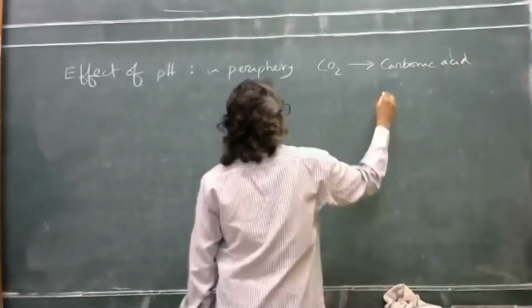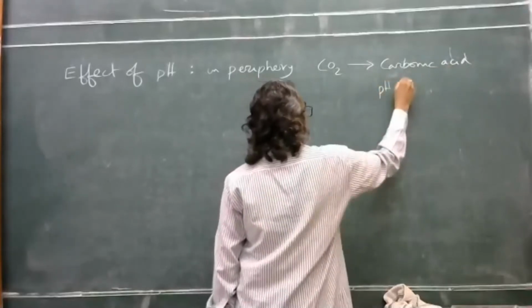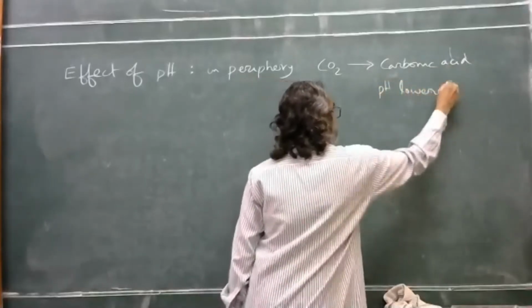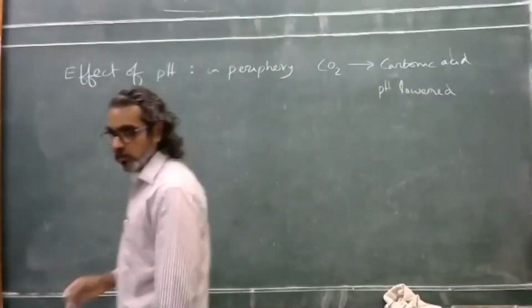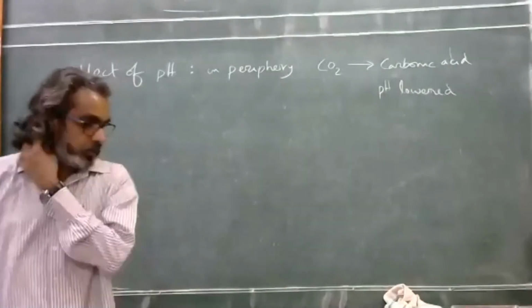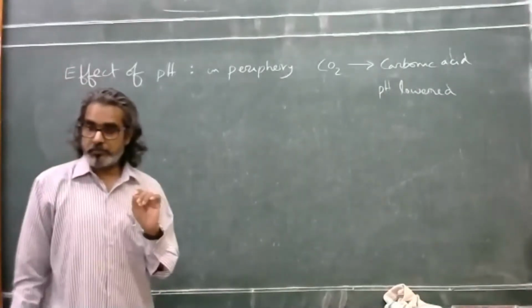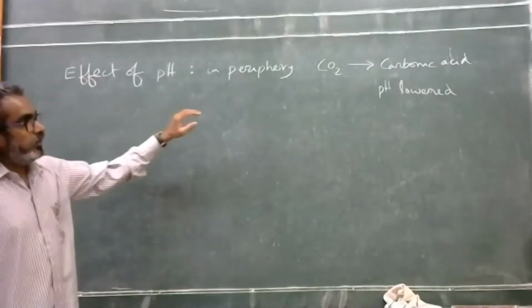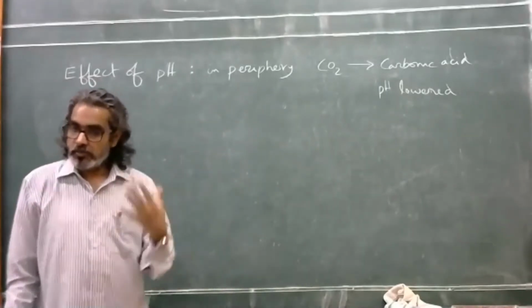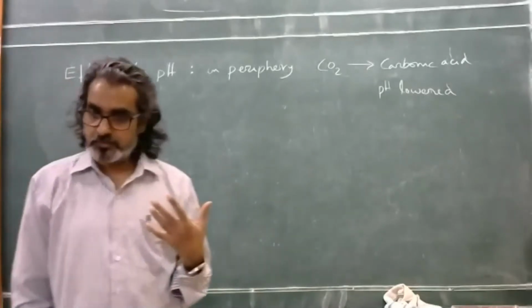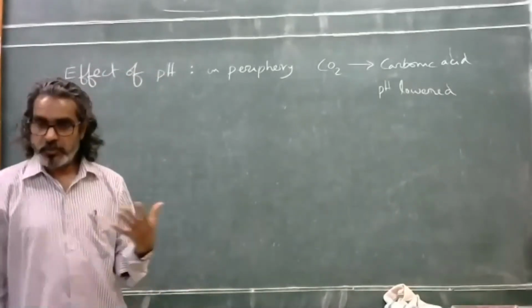Due to this, pH is lowered, so pH here is lower than the normal physiological pH because you have CO2 buildup. This lowered pH has some effect on the oxygen binding capacity of hemoglobin.